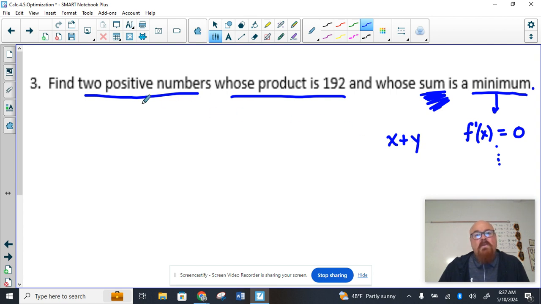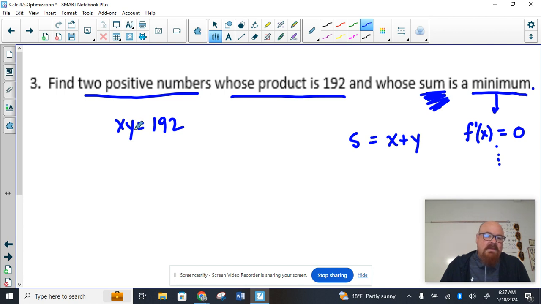So instead, we take this first piece of information where they say whose product is 192. So I know that the product of these numbers is 192. I'm trying to minimize their sum. Okay. In order to minimize this, as I just said, we want to find the derivative and set it equal to 0. But differentiating for x and y, no fun.